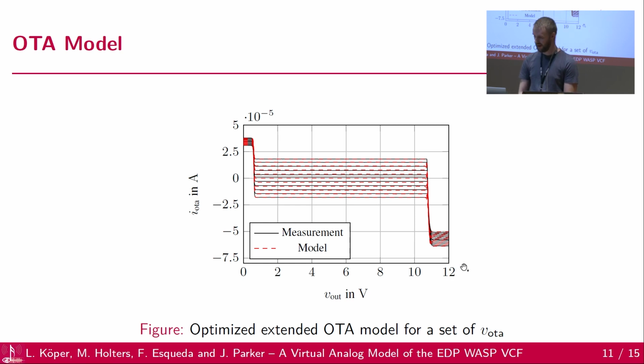And what you would expect if you take a look at the model from the previous slide is a set of straight lines because it's, of course, independent of the output voltage. But we have these jumps here near the supply rails, which is also common for operational amplifiers and some devices like this. But we'll see this is really important and crucial to model these jumps and saturation effects to get a faithful representation of the filter.